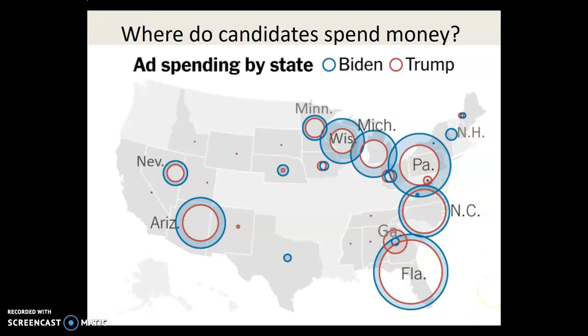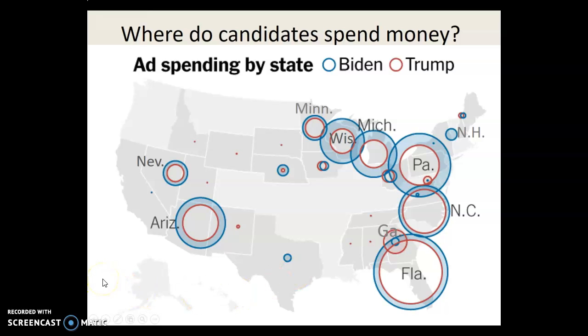But you can see that very little money is spent in most states. Very little, that means very little campaigning is done. Even a big state like California, virtually nothing was spent there, even though it has 55 electoral votes. Practically nothing was spent in Illinois. Texas got a little bit because it's considered a little bit more of a swing state than it used to be.